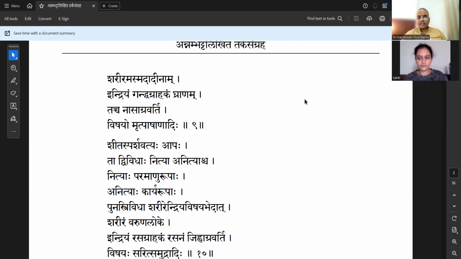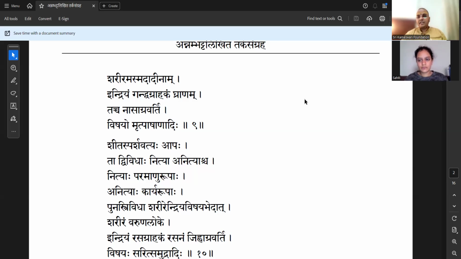Another thing we have to understand is that Indriya cannot be perceived by Indriya. That means you cannot see the Ghranendriya by seeing my nose, you don't know whether my nose is working or not. When you have a cold, you cannot experience smell. When we had COVID, one of the symptoms was not being able to perceive smell. We all had our noses, but still we were not able to experience.